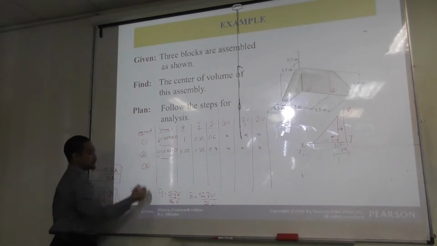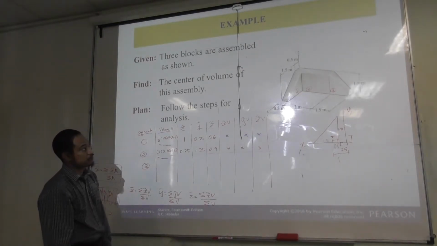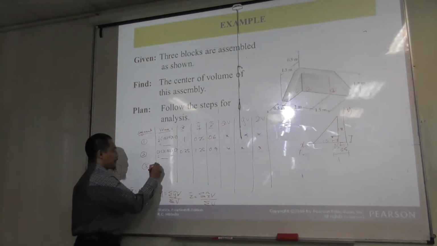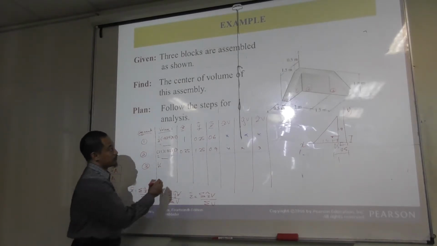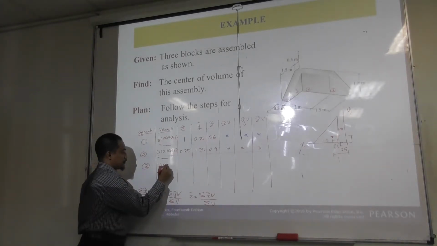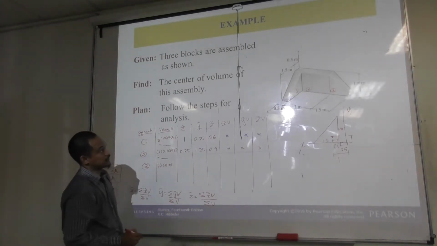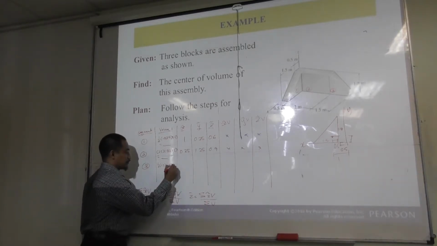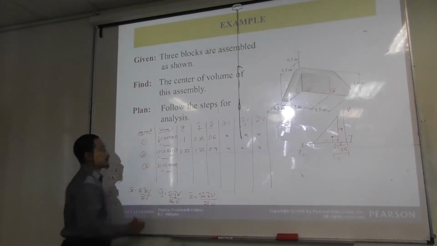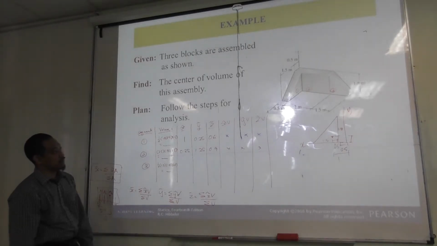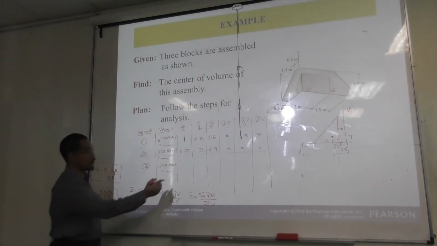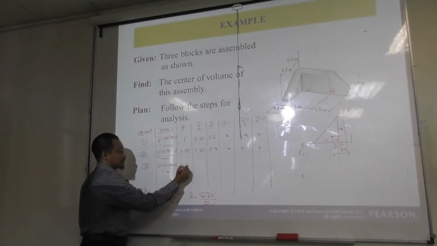Block 3. Area: half times 1.5 times 1.8, the thickness is 0.5. X is 0.25.